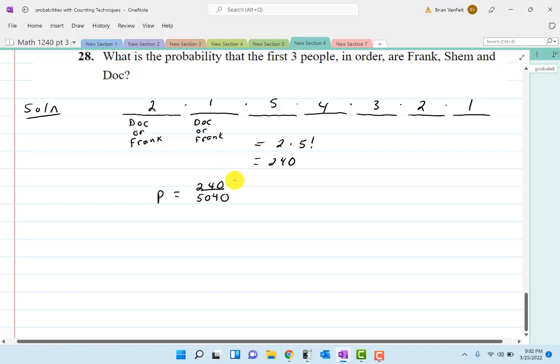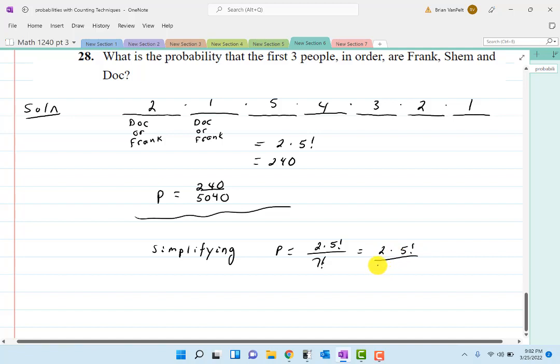I do want to show you one last thing though. The simplifying that you can do if you want to. It's not required, but it's so useful, it's not even funny. Our probability was equal to 2 times 5 factorial over 7 factorial. Once you get comfortable with the factorials, I can do this.